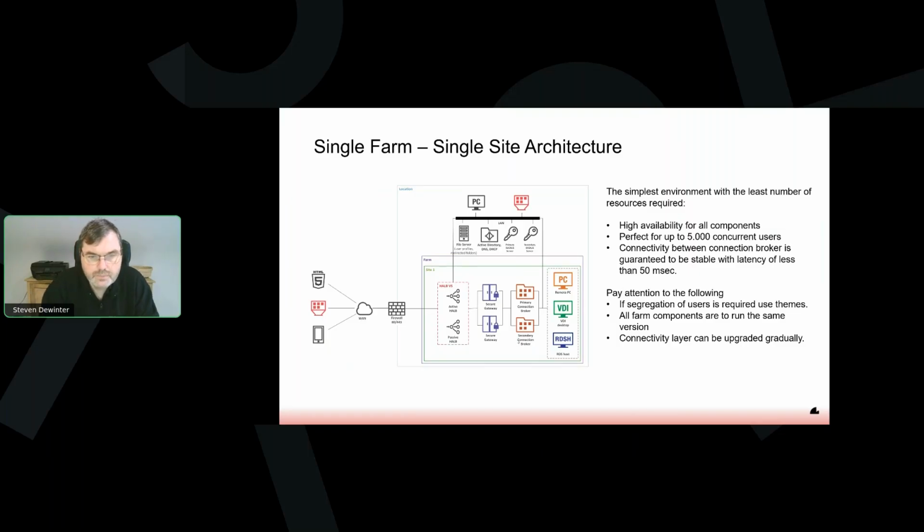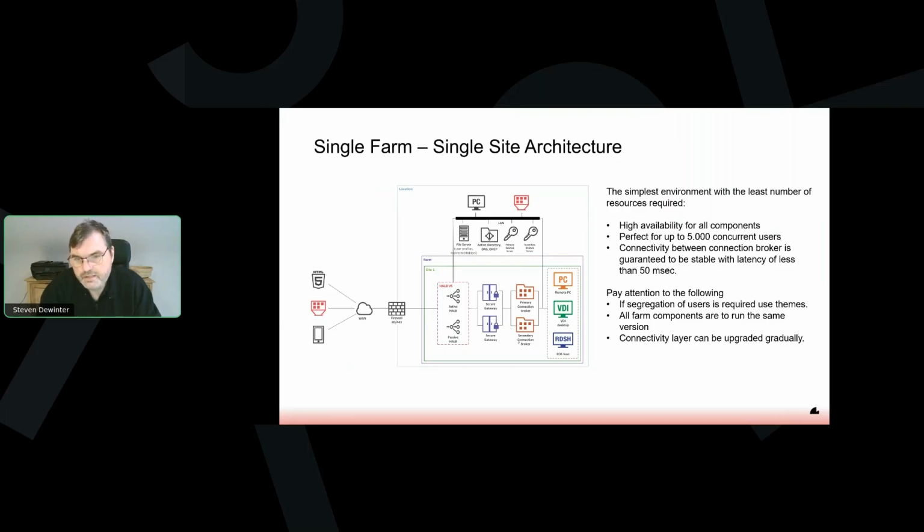You can set up a single site across 2 data centers if you have, for example, a stretched network and that latency is good. But once the latency goes above 50 milliseconds, we have other architectures that we would recommend. So 5,000 is not a hard limit, but if you go above it, we should consider making some modifications to the architecture, and the same goes for the network latency.